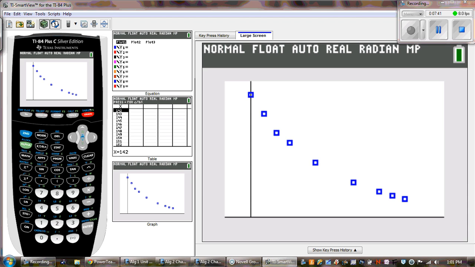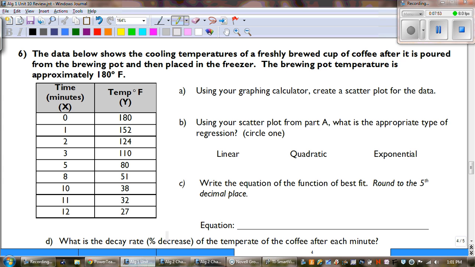And then graphing it, this is what it looks like. So is that linear, quadratic, or exponential? Yeah, that one's exponential. So I'm going to make sure I circle exponential.